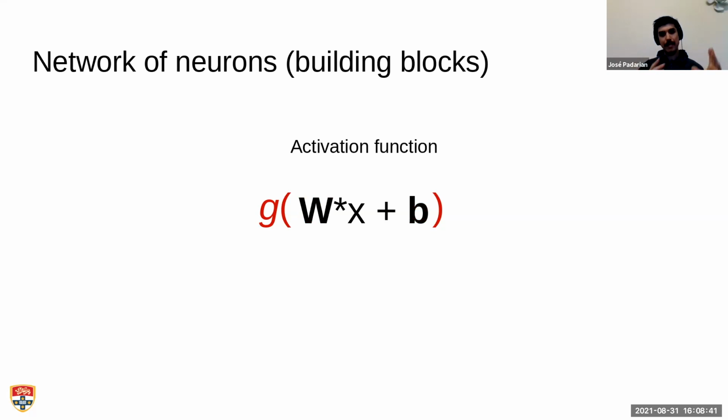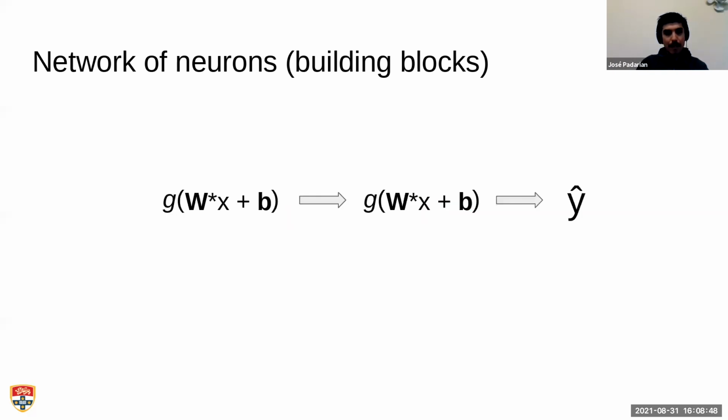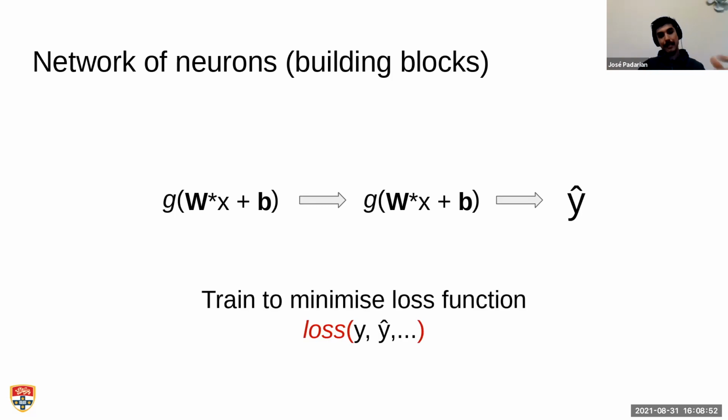Then you wrap this in an activation function that, depending on the application, you can change. Then you put together multiple layers, and you get a prediction, and then you train the neural network to try to minimize a loss function. That, depending on the application, is another thing that you can change in any particular neural network. So there are a lot of building blocks that you can play with and adapt to your specific studies.